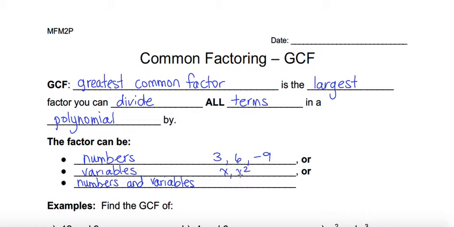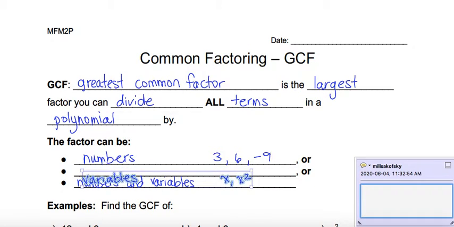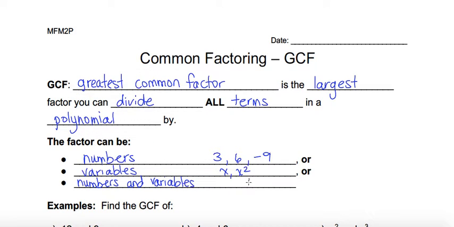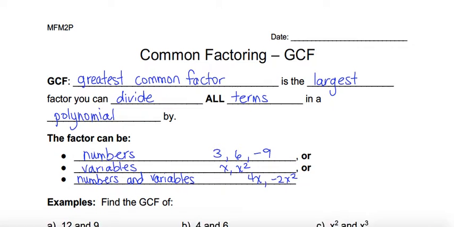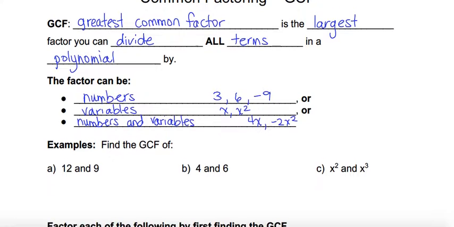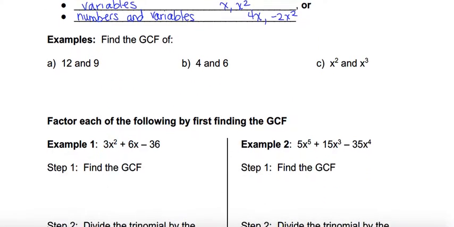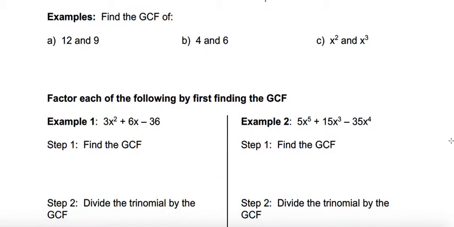So it might look like 4x or -2x squared. Those are some examples of what your greatest common factor could look like. So it could be a number, a variable, or a combination of both. We're going to look for the greatest common factor for each of these sets of terms first before we look into how to factor using the greatest common factor.